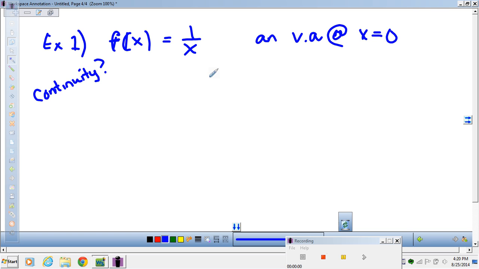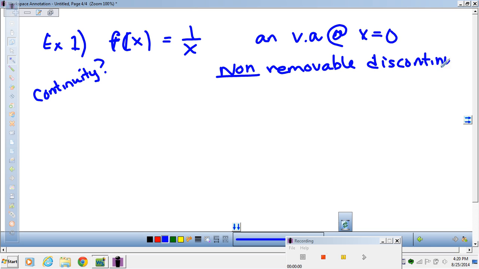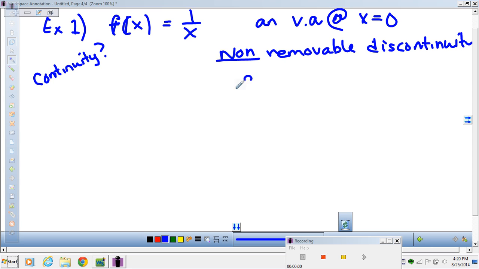So this has what's called a non-removable discontinuity at x equals 0.